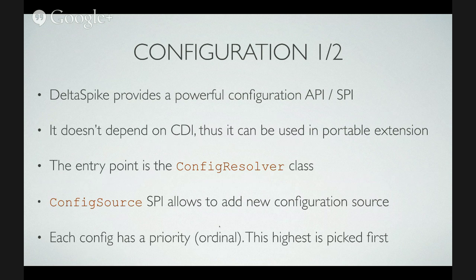I will give the list right after that. And you can define a priority for each of these sources, which is called a DeltaSpike ordinal, and the higher the priority is, the sooner it is picked.